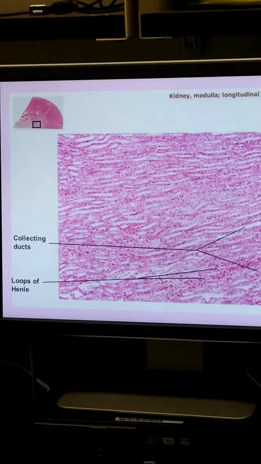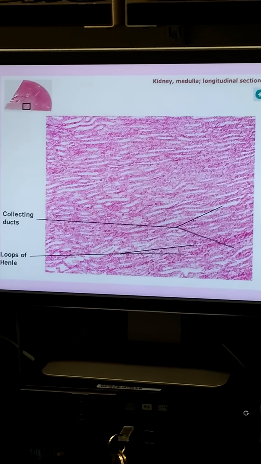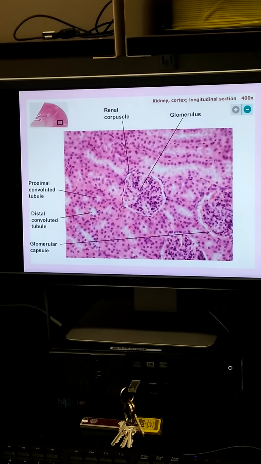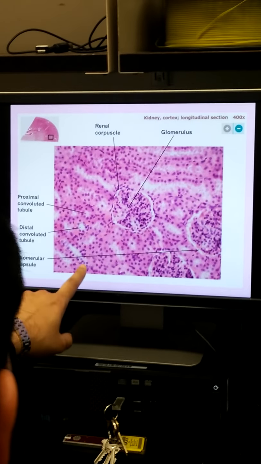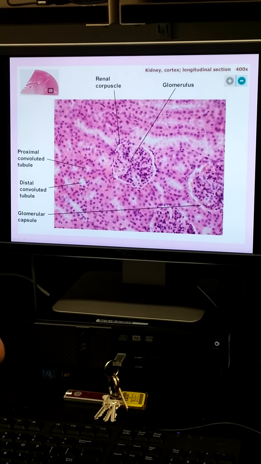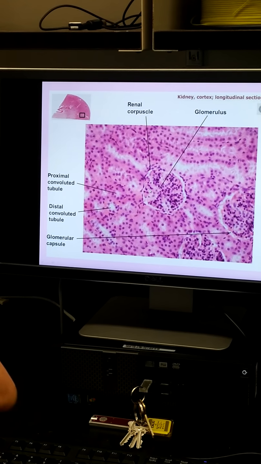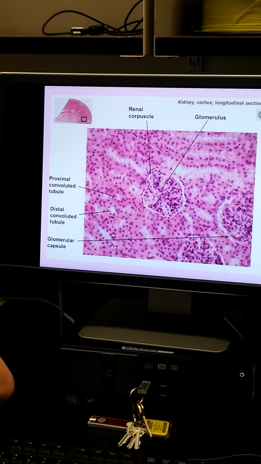Okay. Now we're looking at the kidney medulla longitudinal section. By the way, going back to this slide, the cell types in the glomerulus was what? Fenestrated capillary endothelium, which is a squamous cell.